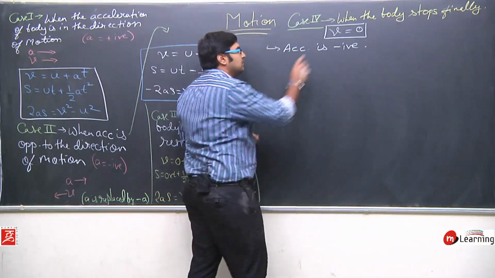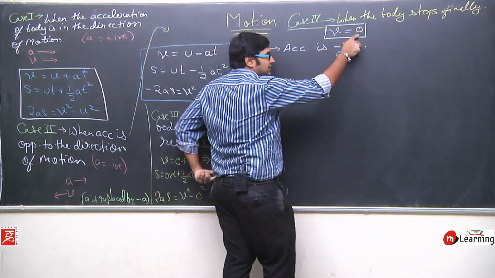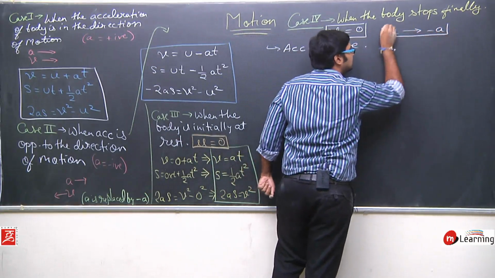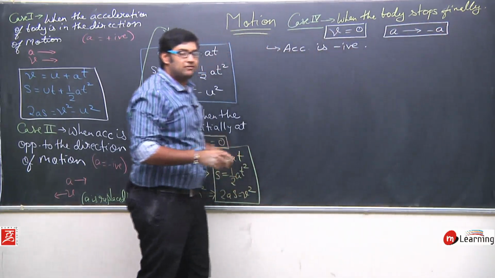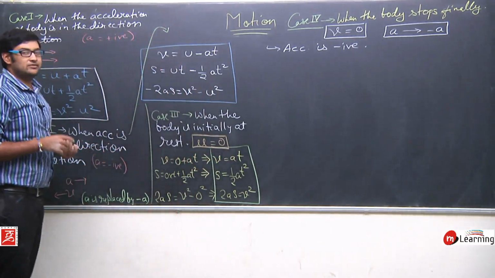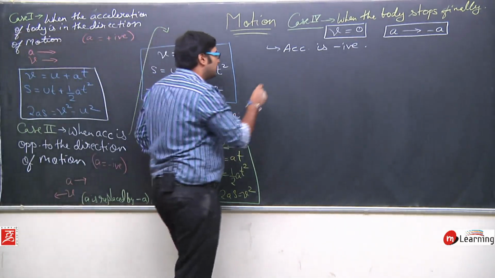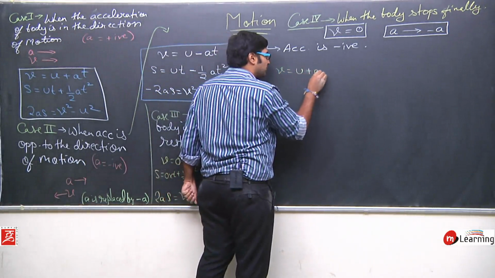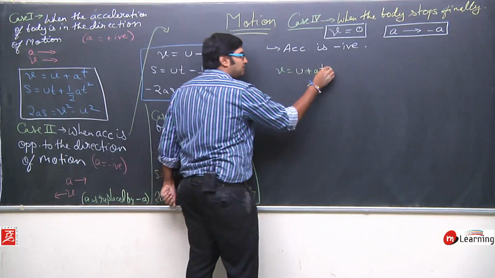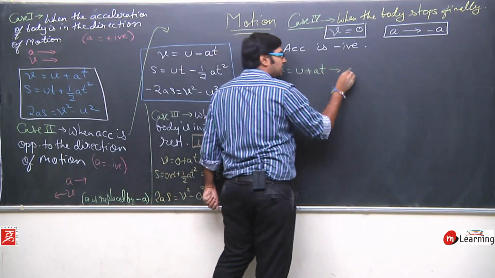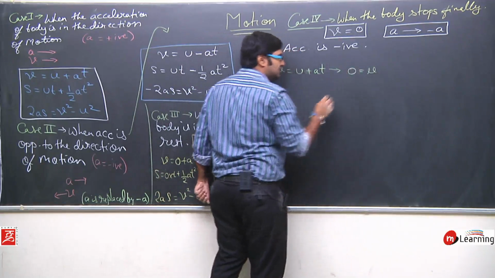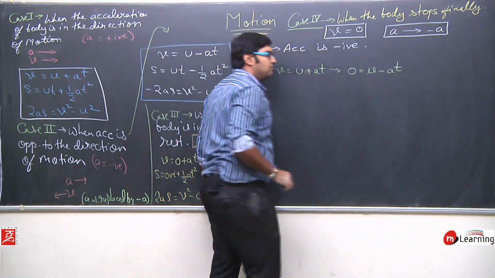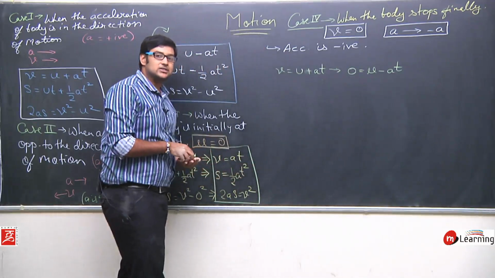If the final velocity is 0, acceleration a can be replaced by −a. So how will the equations of motion look? We have v = u + at. Here we replace v by 0, u remains as it is, a becomes −a, and t remains.